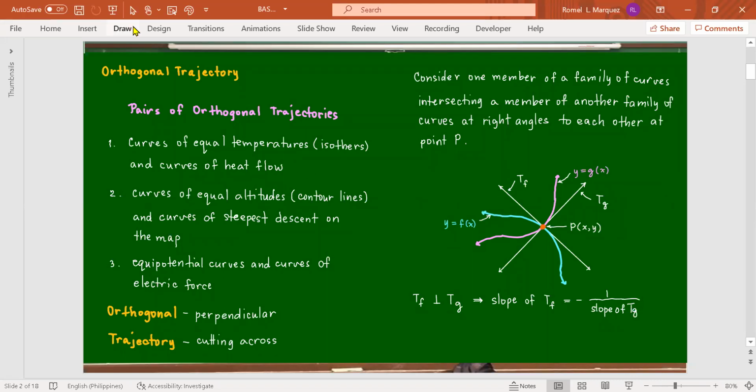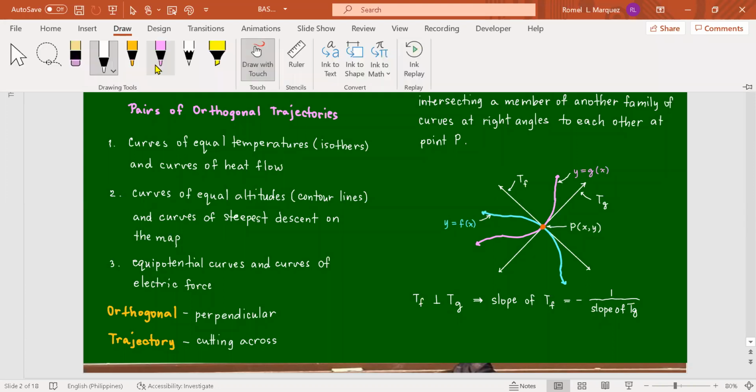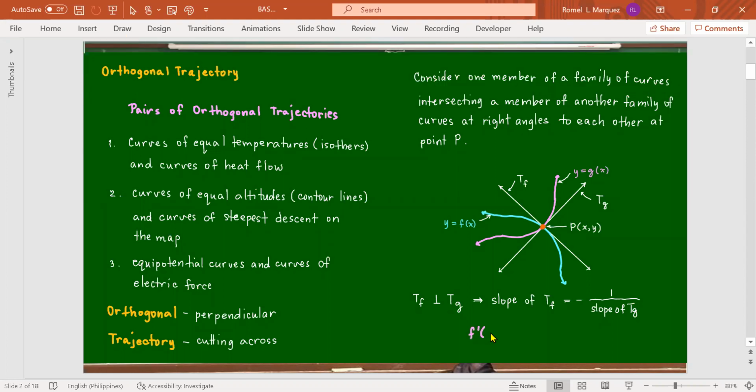Okay? Hence, we can say that the derivatives of y equals f of x and y equals g of x respectively are related by the following equation: f prime of x is equal to negative 1 over g prime of x.